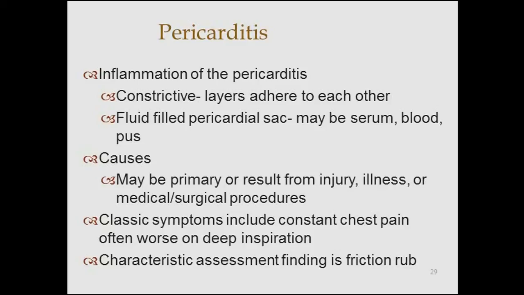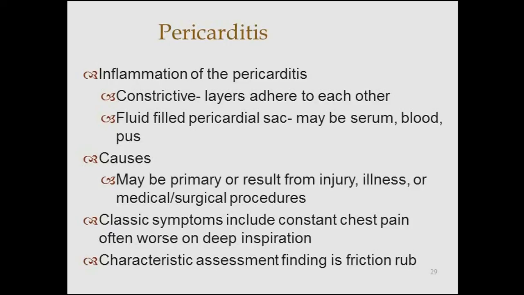Okay, so the normal amount of fluid inside the pericardial sac is about, I think your book talks about 10 to 15, no more than 20 mils of fluid. And it's the same principle that we talked about with pleural effusions, that there is a normal amount of fluid in that space that acts as a cushion.